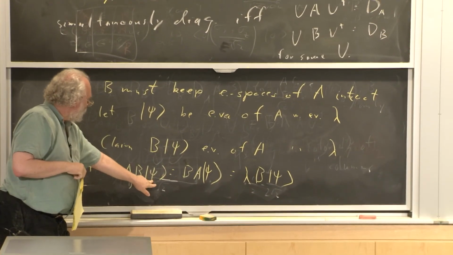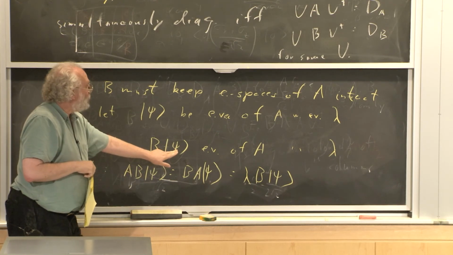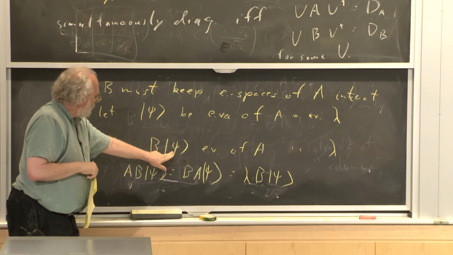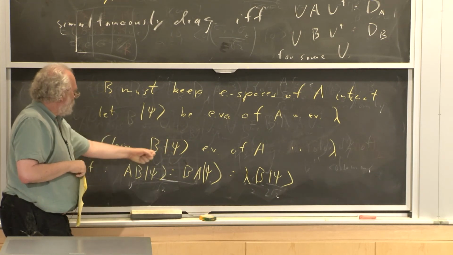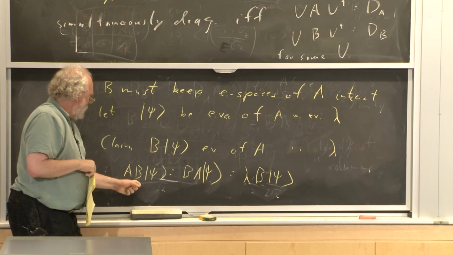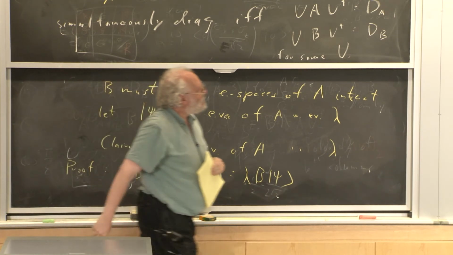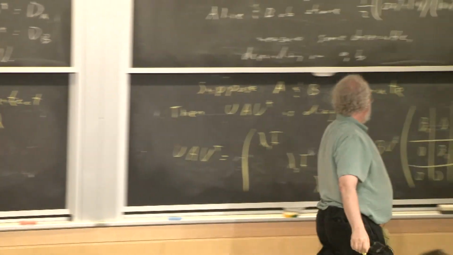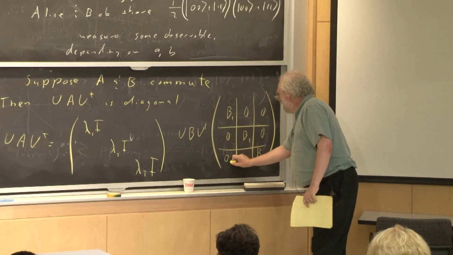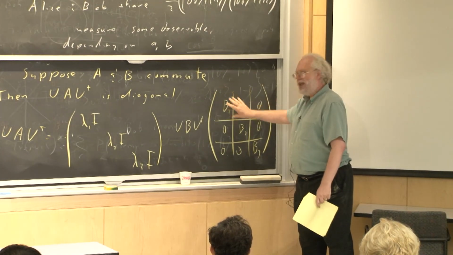So we start with something in the eigenspace of A with eigenvalue lambda, you apply B to it, you remain in the eigenspace of A with eigenvalue lambda. And that says that all of these entries are 0, which means that we can simultaneously diagonalize A and B.